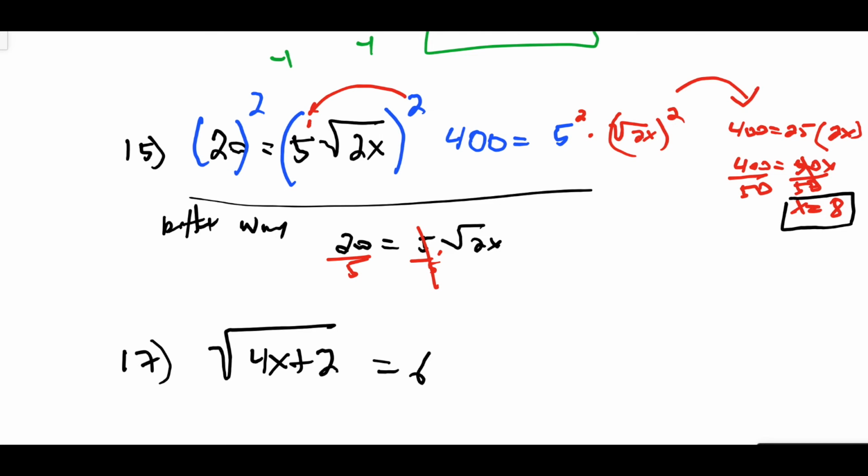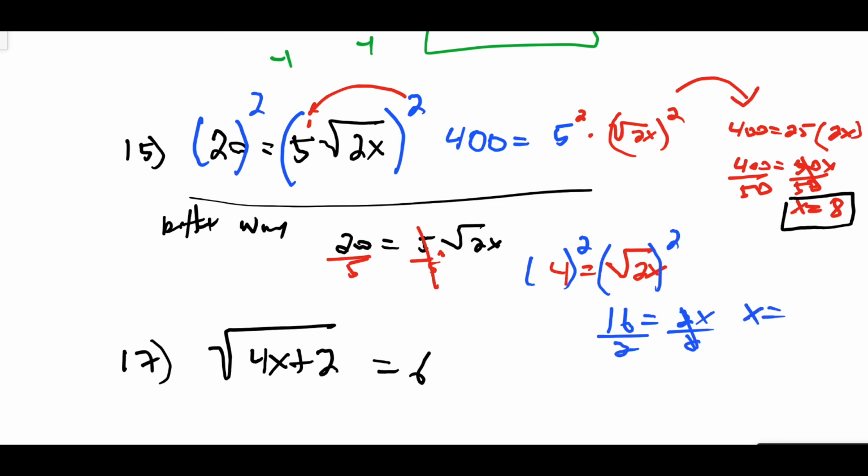Yeah, because it's being multiplied. 4 equals root 2x. Now power up. So 16 equals 2x, nice, and then divide by 2, and x equals 8. Just get rid of that 5 out there. You always want to have a chunk equals something with a root on it, not 5 times something with a root on it. You want a number. So get rid of that thing in the front. So x equals 8. Got that?